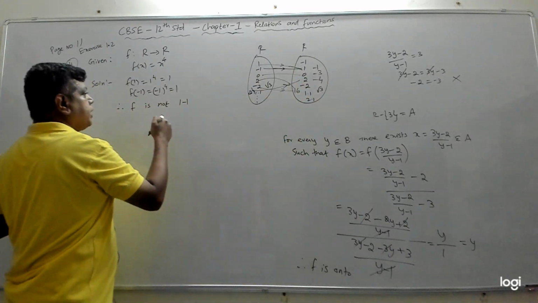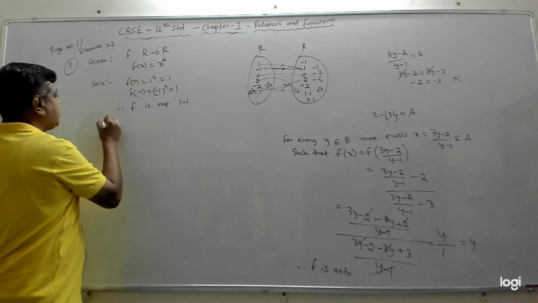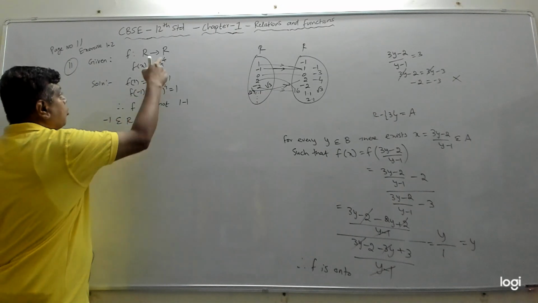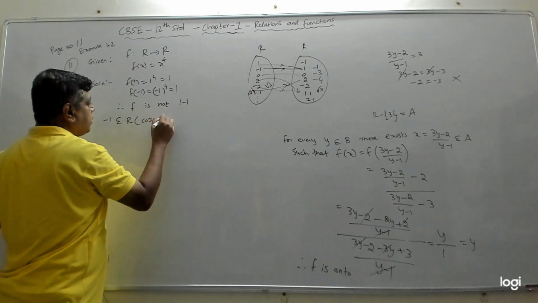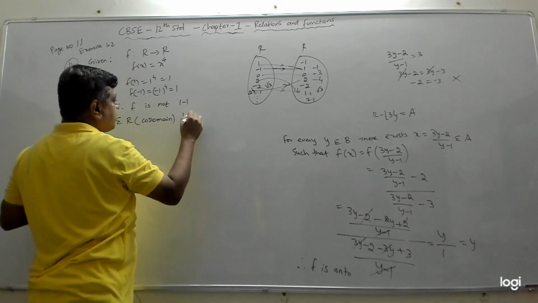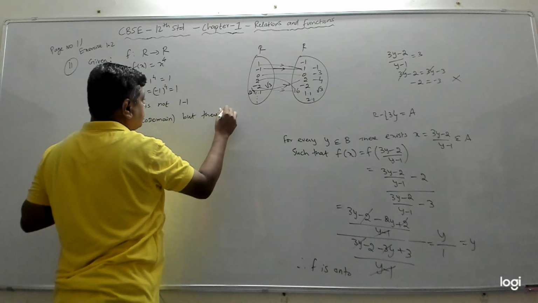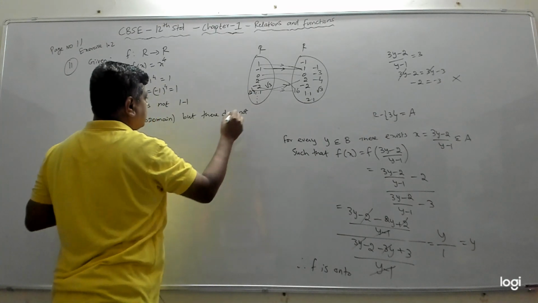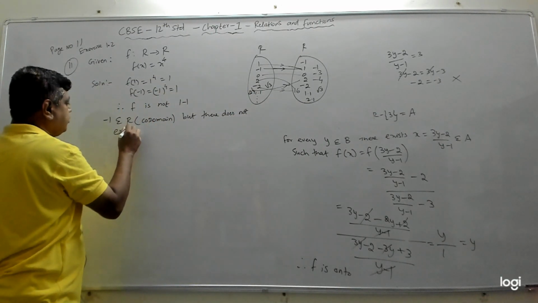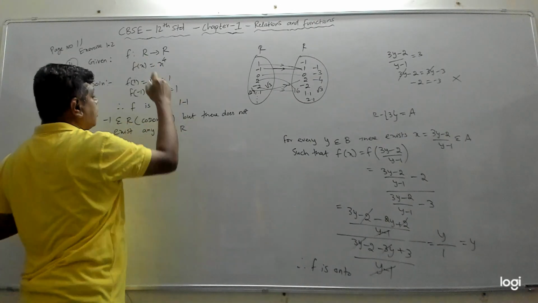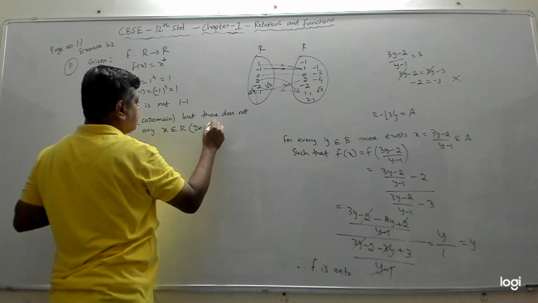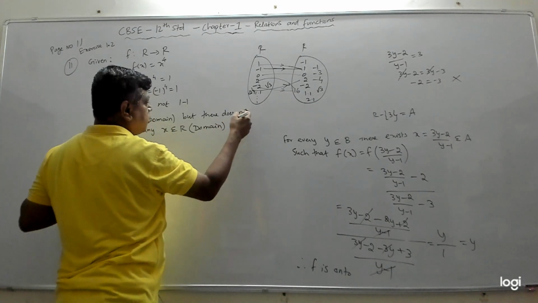We can take any negative number. We can say minus 1 belongs to R, which is the codomain, but there does not exist any x belonging to R, the domain, such that f of x equals minus 1. This 'not' is very important.